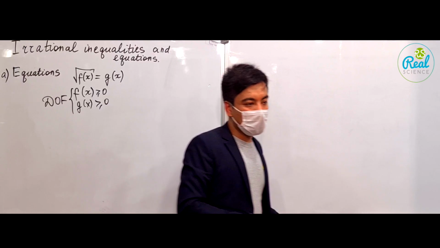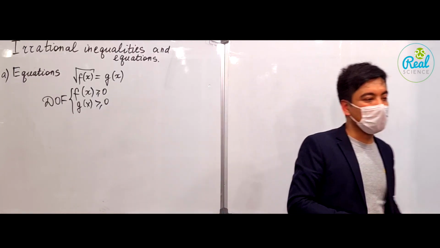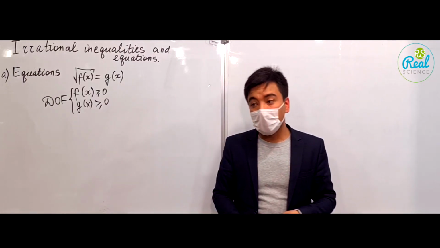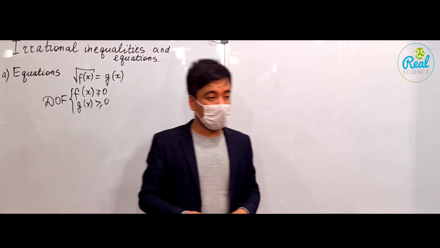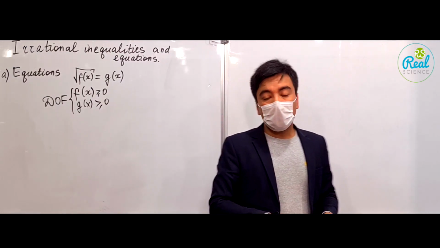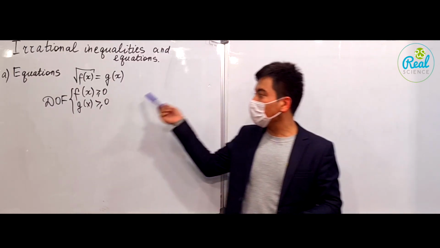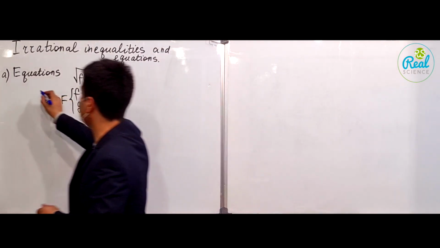That's why, students, you have to pay attention to this part of this lesson when you are solving questions related to irrational equations. Okay? So, this is the first step, or A step.